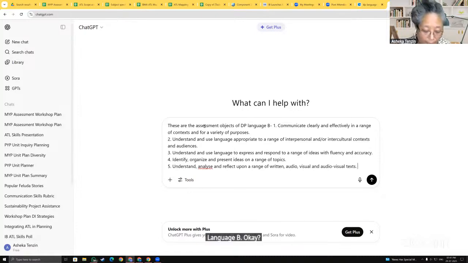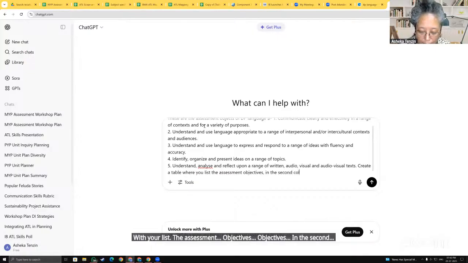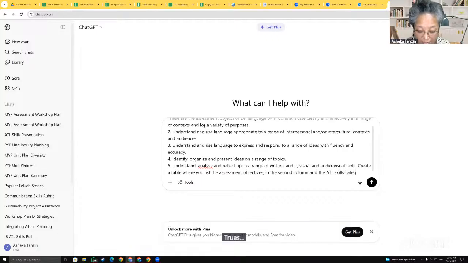Create a table where you list the assessment objectives. In the second column, add the ATL skills category.